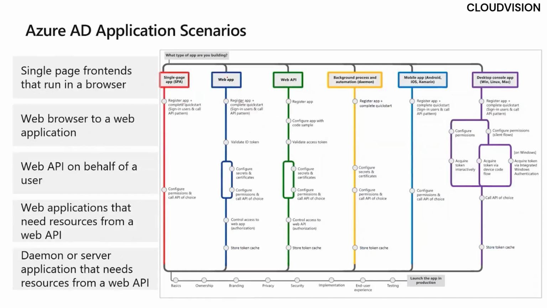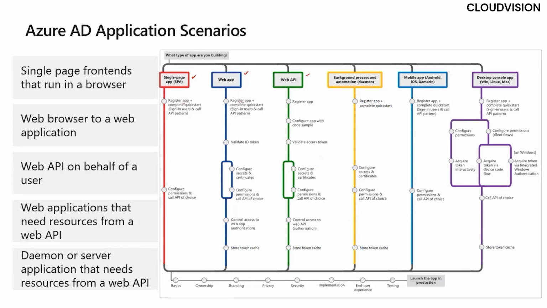Let's have a look at this diagram. It will give you much more insight into the application process. When it comes to applications, the first thing that comes to mind is what type of application you have. Do you have a single page application, a web application, a web API application, a mobile application, an Android application, or a desktop application?